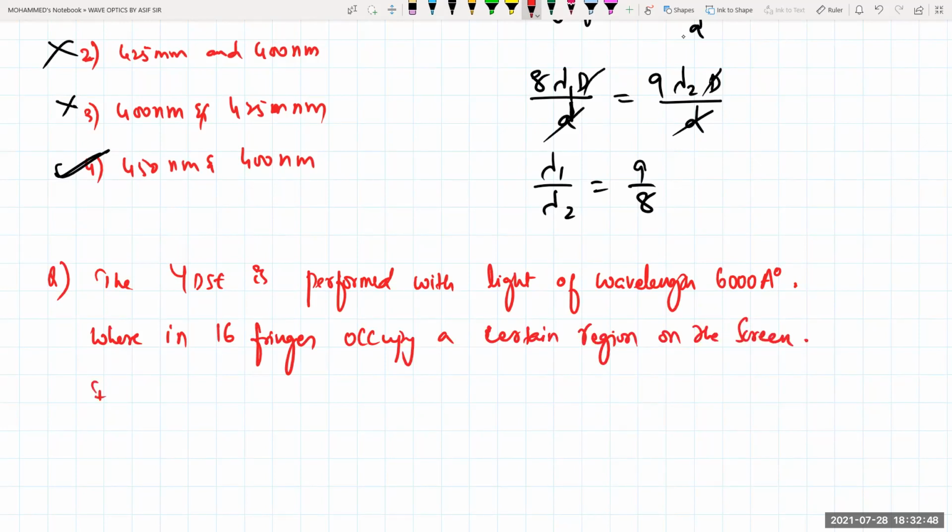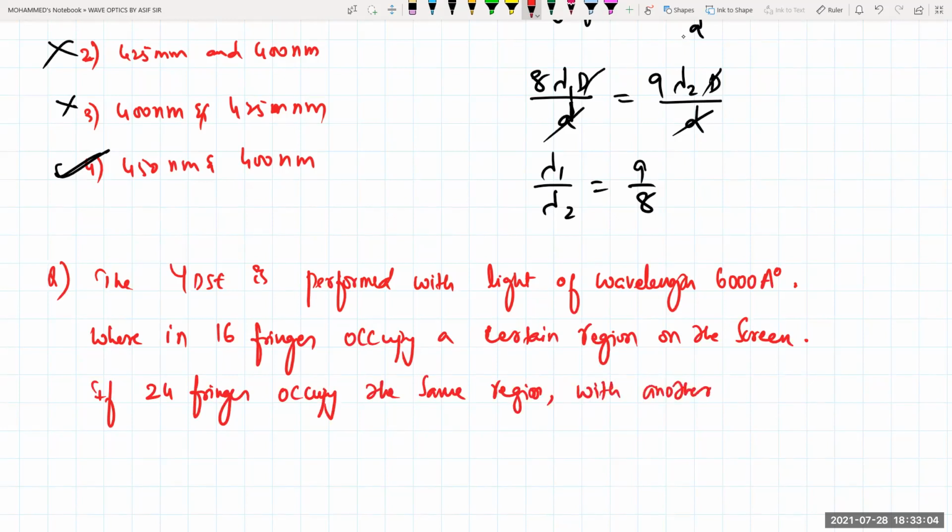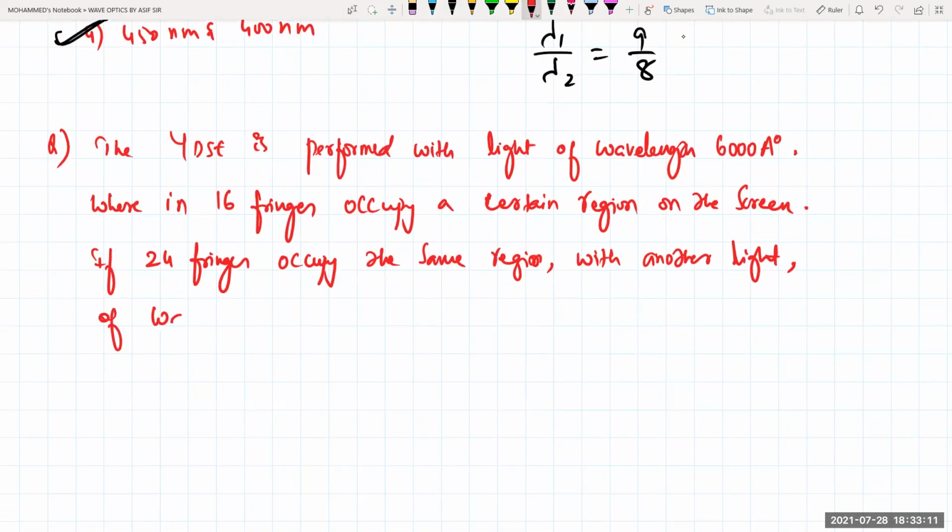If 24 fringes occupy the same region with another light of wavelength lambda, then lambda is dash. Can you tell? Yes, sir. Try it.